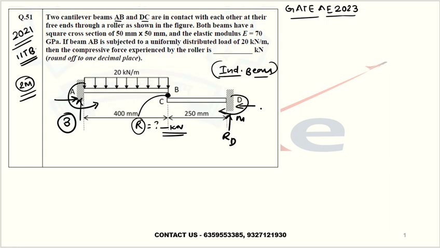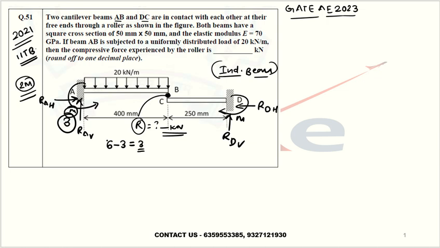This is RD vertical, RD horizontal, and a moment. Similarly RA vertical, RA horizontal, and a moment, which are unknown to you. So there are a total of 6 unknowns and you have only 3 equilibrium equations, so you cannot solve this. This is 3 degree of indeterminacy.